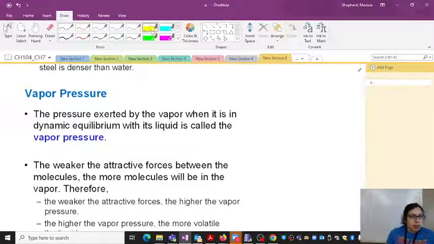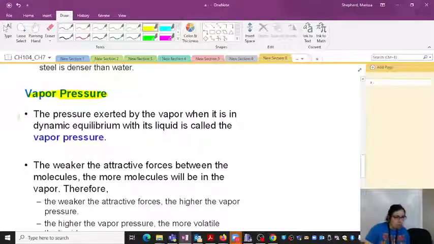Another related factor is vapor pressure, which makes sense since that's related to boiling. The pressure exerted by vapor when it's in dynamic equilibrium with its liquid is called vapor pressure.